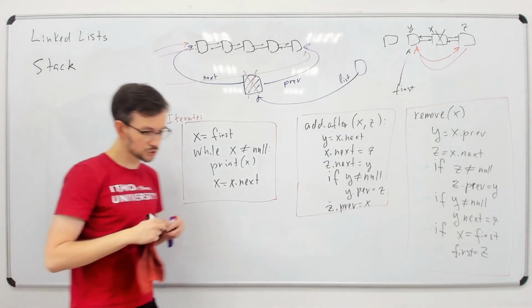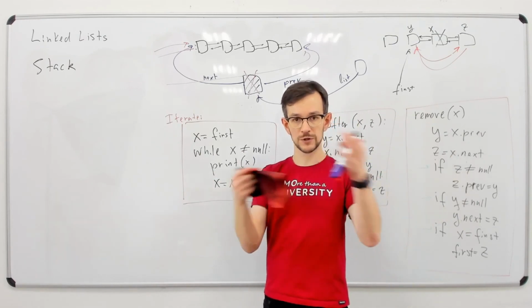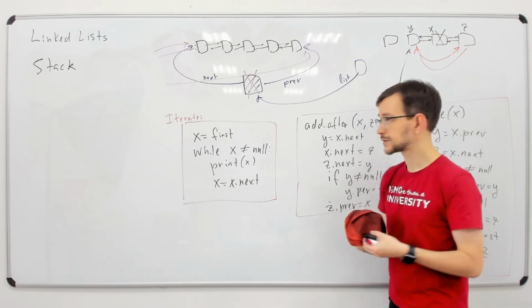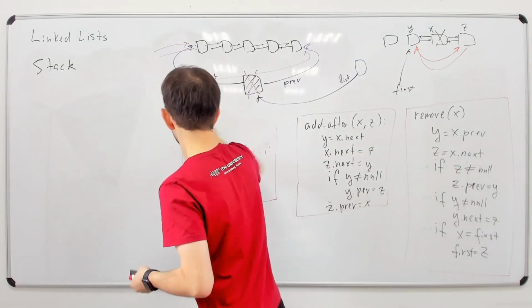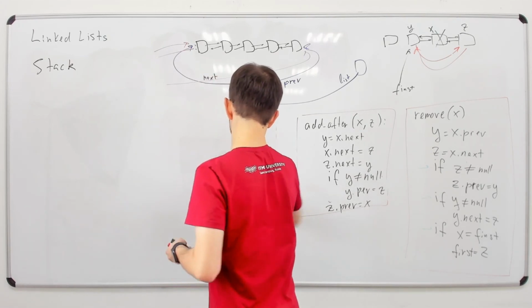In the last lecture, we used an array to maintain the elements of the stack. And now instead of arrays, we will just use the linked list. So how to implement a stack when you only have a linked list?